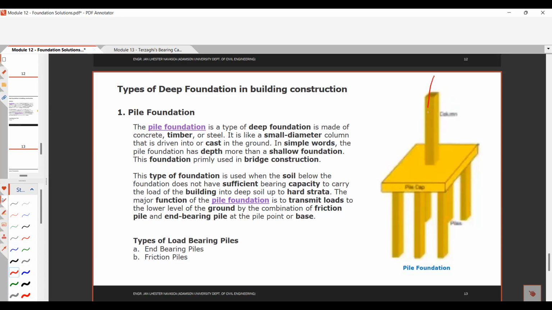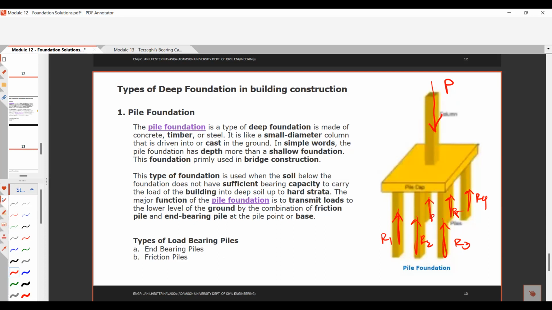So when you apply a load here, let's say that is P. Then ita-transmit yan dun sa pile cap, and then yung pile cap yung magtra-transmit dun sa mga piles. So yung P, let's say magkakaroon yan dito ng reaction, let's say R1, this one is R2, R3, R4, R5, R6.